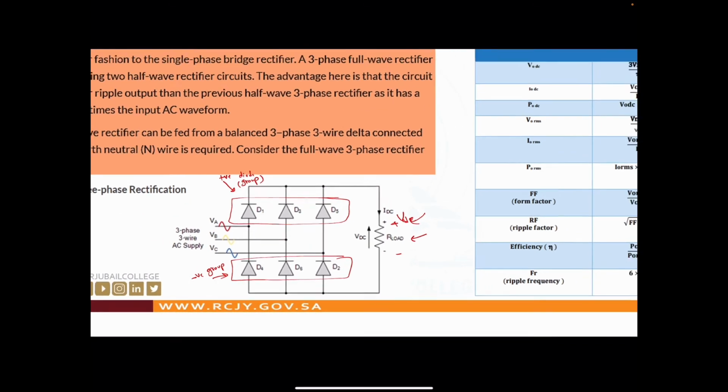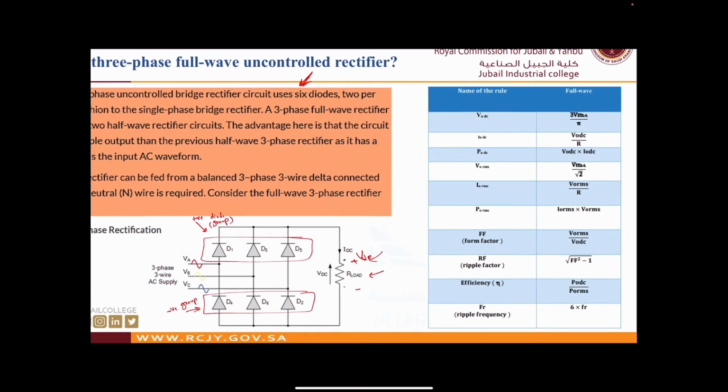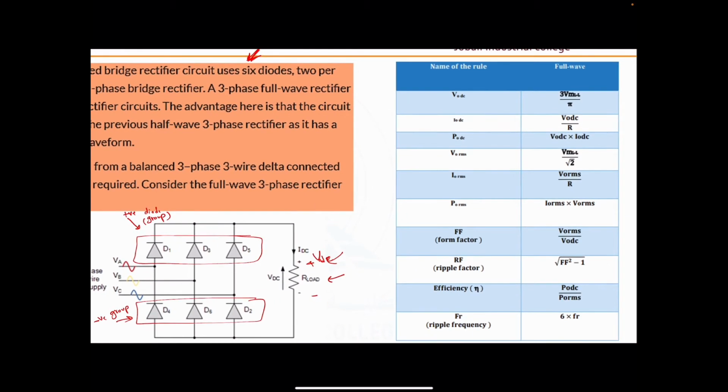Now, please read this paragraph in order to understand more about the three-phase and why we don't have neutral in this circuit. Now, as you can see on the right side of our slide here, these are the full-wave three-phase uncontrolled rectifier formulas.